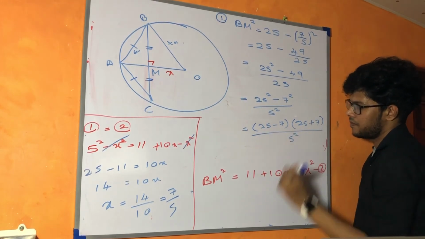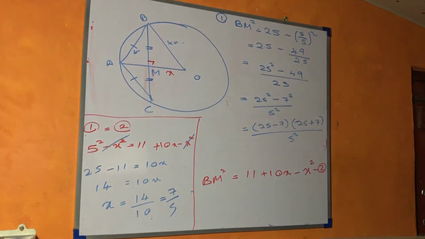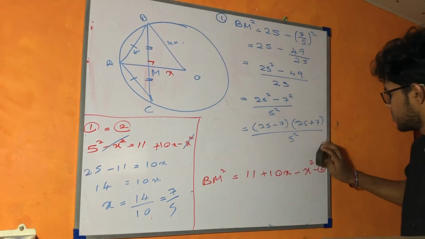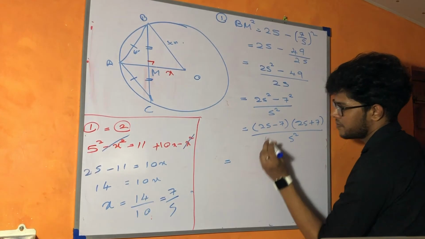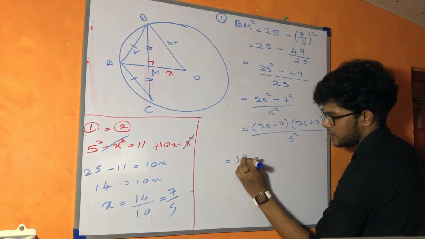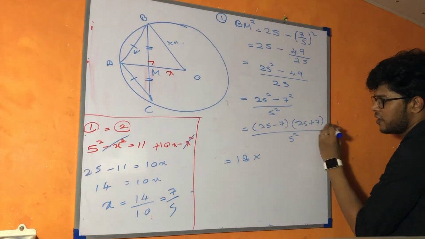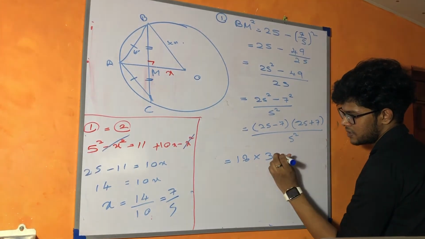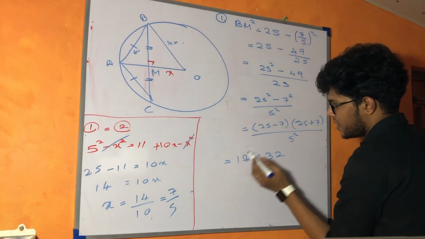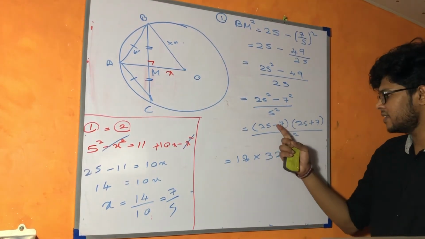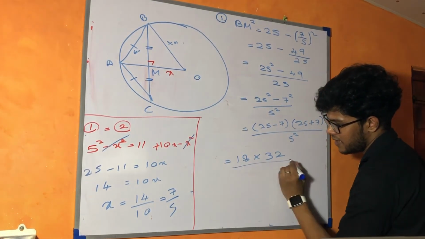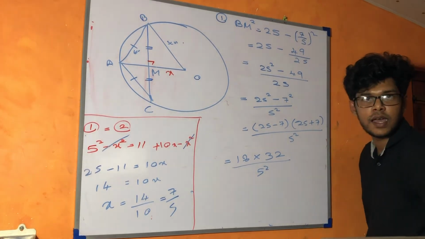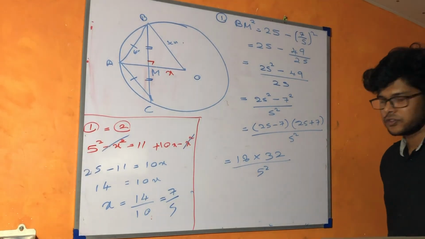5 squared. So 25 minus 7 is 18, into 25 plus 7 is 32. Okay, so here you have 25 minus 7 is 18, 25 plus 7 is 32, divided by 5 squared, right?